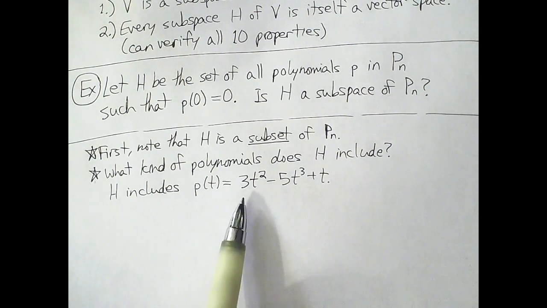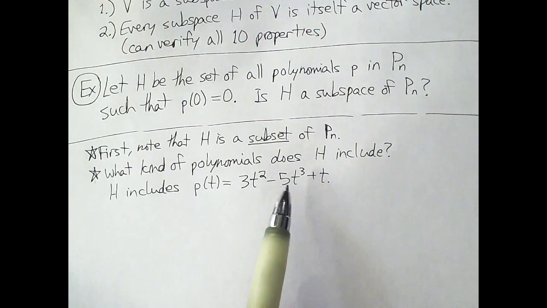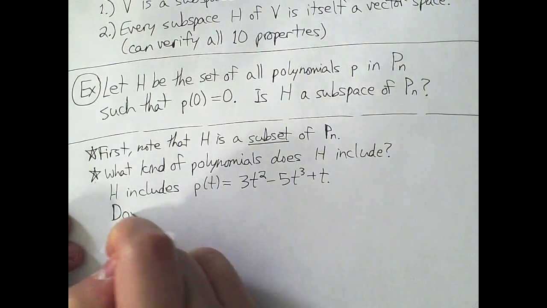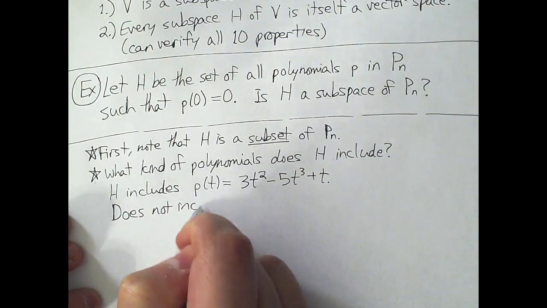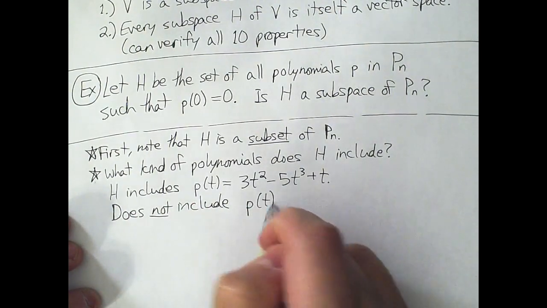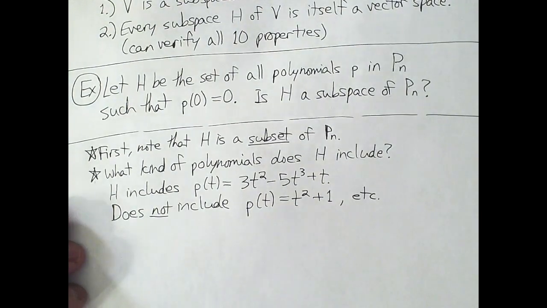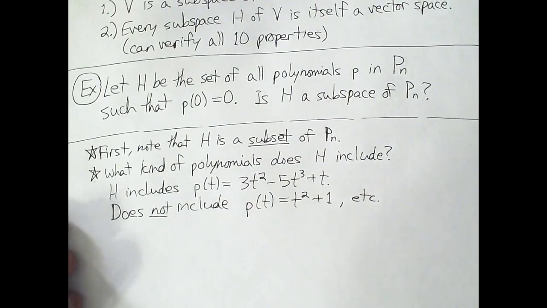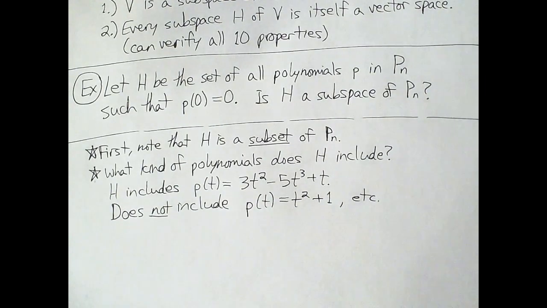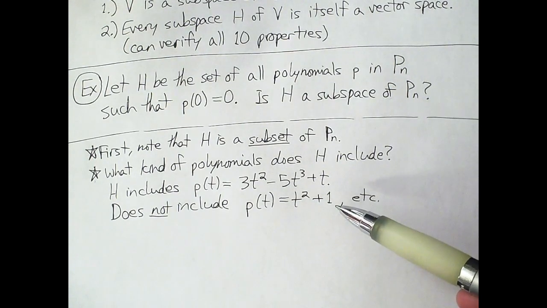H includes this because I can see from the way I wrote this polynomial that p of 0 would be 0. It does not include something like t squared plus 1, because in that polynomial, p of 0 is not equal to 0. So this is me just doing a little bit of scratch work, trying to understand what this set is all about. H includes some polynomials and does not include others.